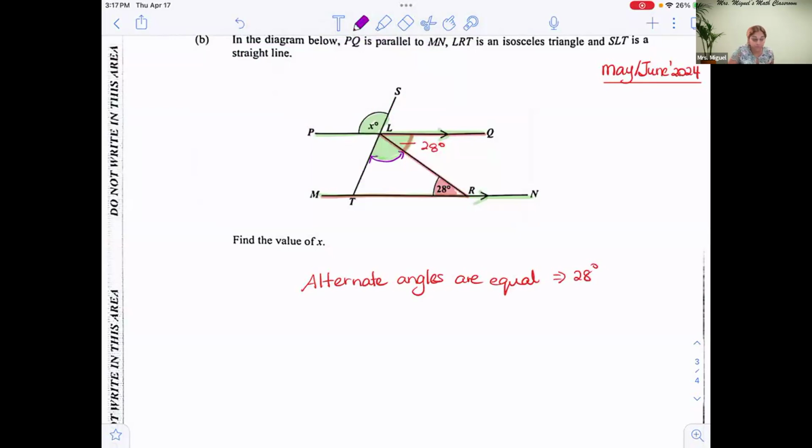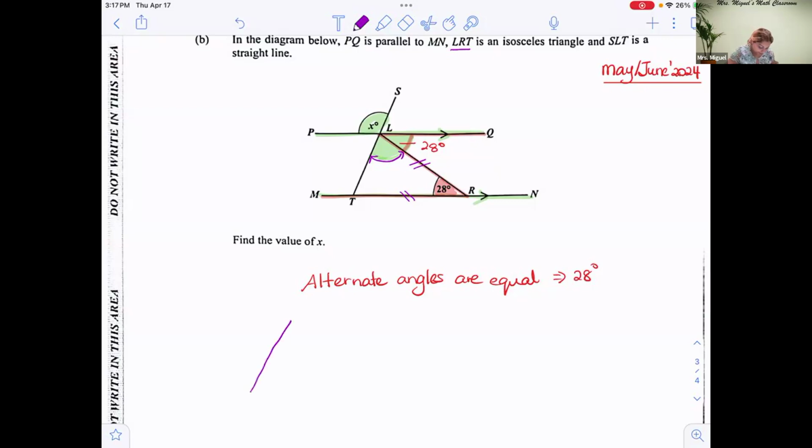But the question told me that LRT is an isosceles triangle. So part of the rules for an isosceles triangle is that they have 2 sides equal and 2 angles equal.